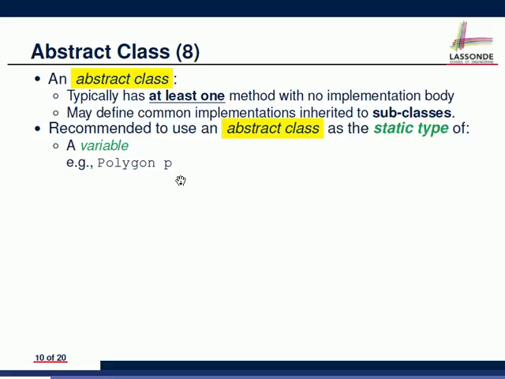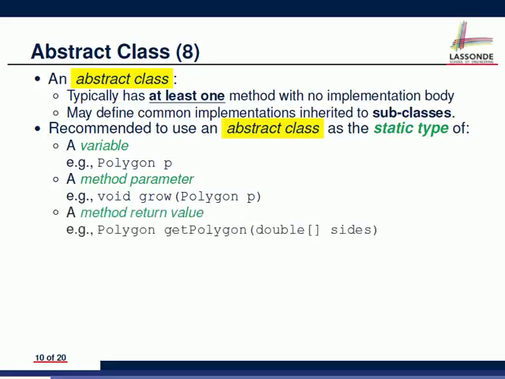You got two possibilities there, right? It can be either rectangle or triangle. On the other hand, if you only put Rectangle p, then you got only one choice on the right-hand side. So you want to be more flexible. Similarly, when you declare method arguments, you want to use polygon rather than just rectangle, right? You want to give as many choices for the user as possible. Similarly, also for the return type.